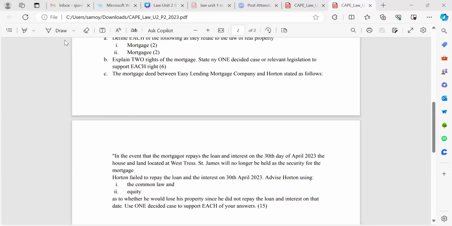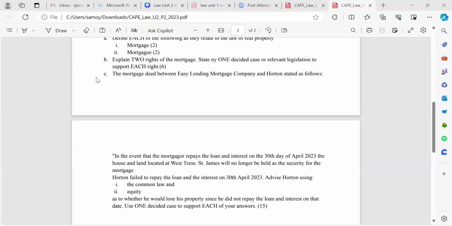The mortgage deed between Easy Lending Mortgage Company and Horton stated as follows.